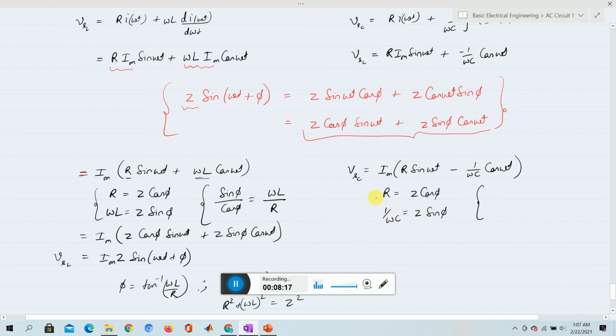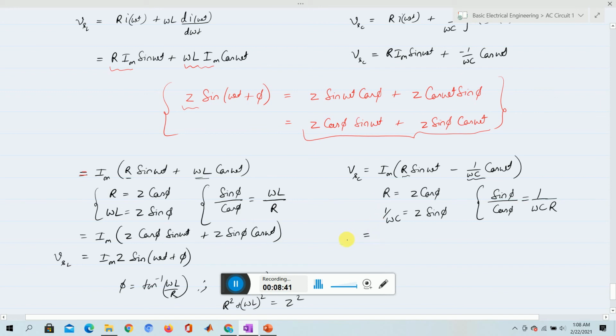So if we just take this as a positive quantity, and these two quantities we are taking, accordingly we can have the same expression here with a little bit of difference, that is sine phi by cos phi will be, this term first 1 by omega C divided by R, so that will be the value we are getting.